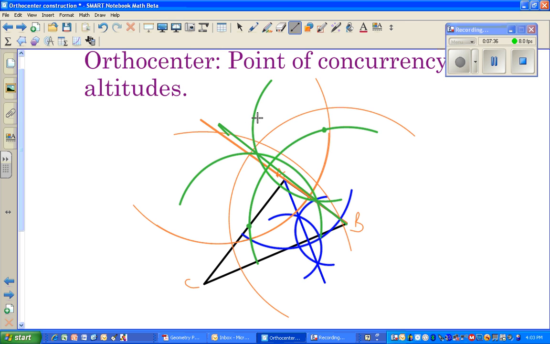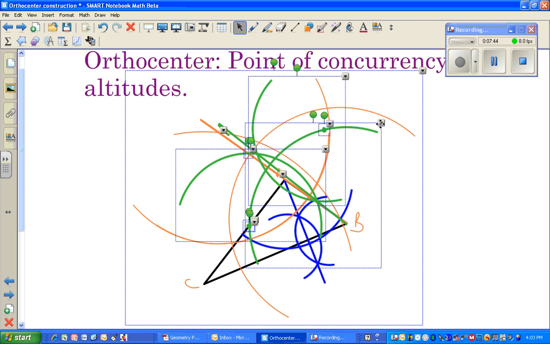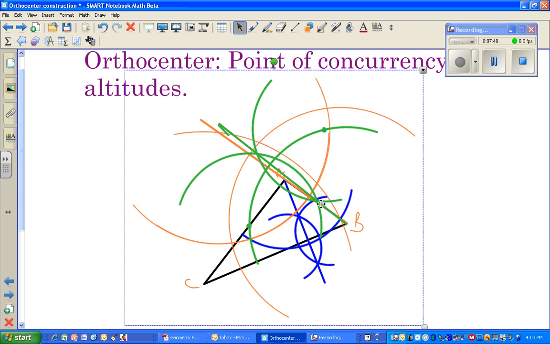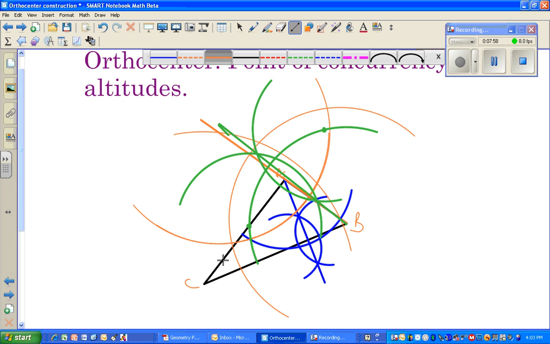What I have is a point of concurrency. Let's see which one of my lines disappeared. Okay, I have my line from B, and the one from C disappeared, so let's redraw that.